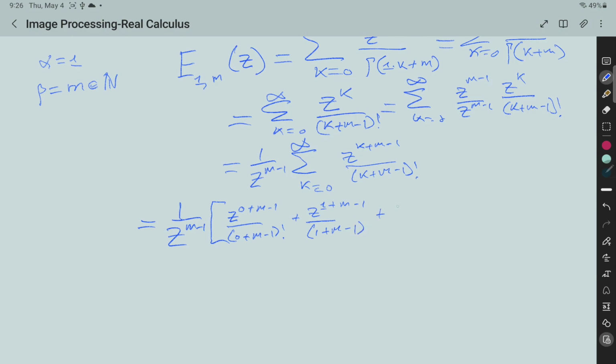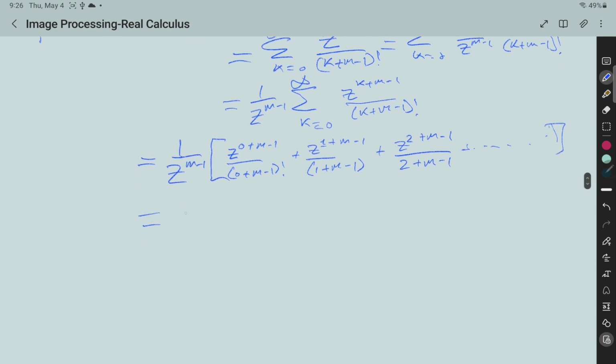And then the next term, when k equal to 2, z to the 2 plus m minus 1 divided by 2 plus m minus 1 factorial. So you can see the pattern, okay?